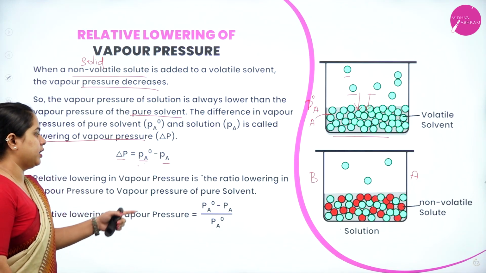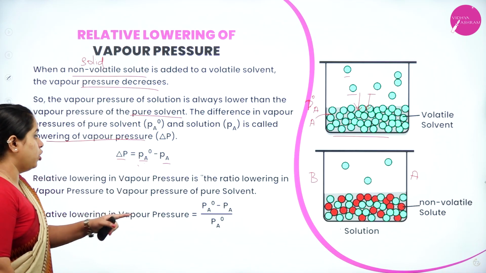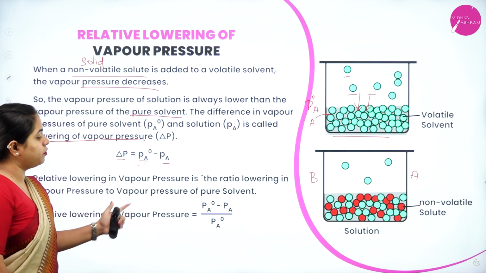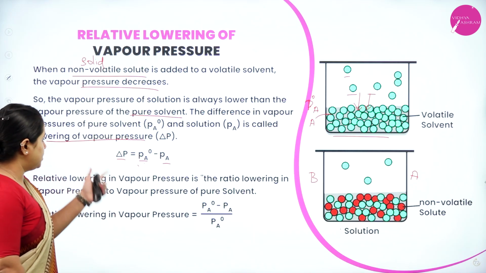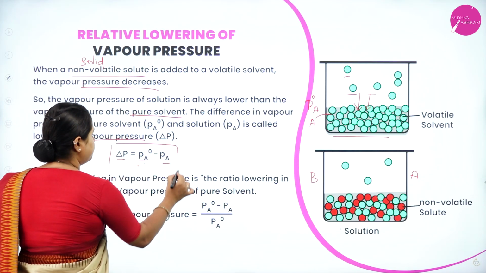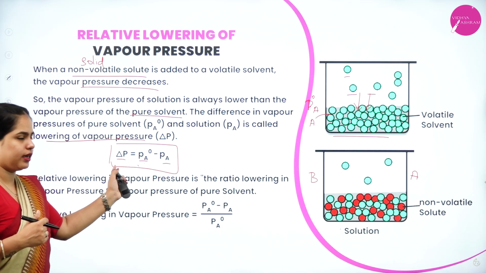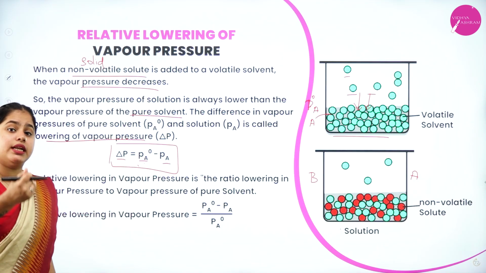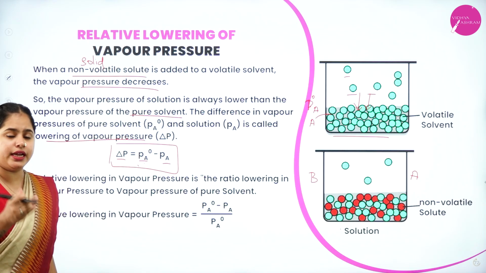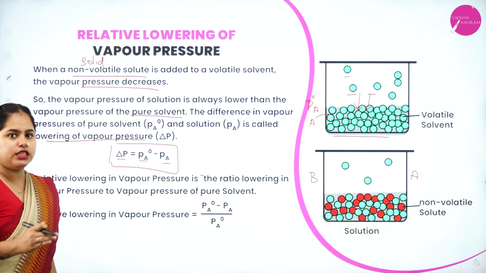Now, relative lowering in vapor pressure is the ratio of lowering in vapor pressure to the vapor pressure of pure solvent. So this equation is for the decrease in vapor pressure, how much it has decreased, that you can get from delta P. Now, what is relative lowering of vapor pressure? Relative means we are relating it to the initial value, right?